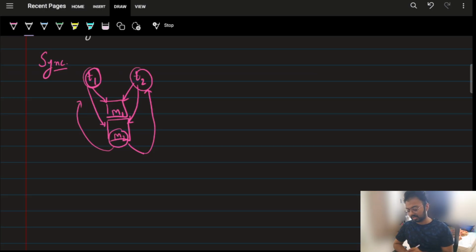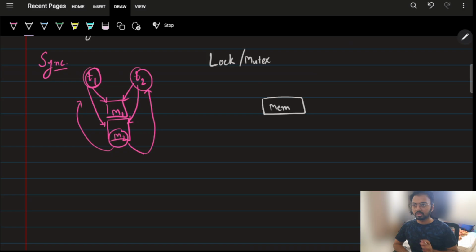So how can we design the synchronization? The first way is to place a lock, or you can call it a mutex. What does this lock or mutex do? It prevents multiple threads from accessing a critical section simultaneously. Let's say this block of memory is supposed to be used by multiple threads.